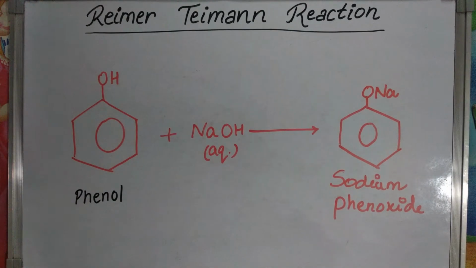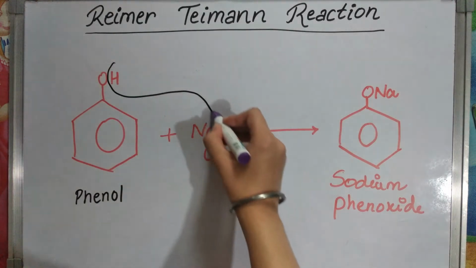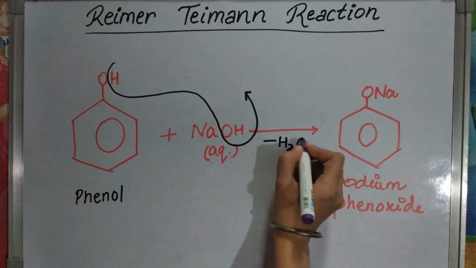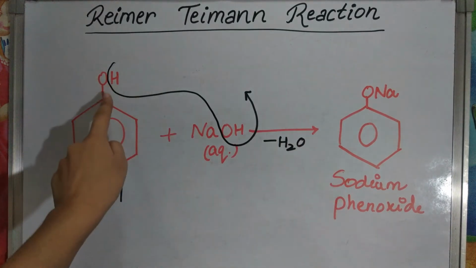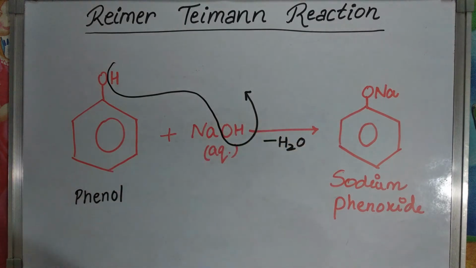Let's see how we got sodium phenoxide from phenol. From here H and from here OH, that is water, is removed and this sodium attaches to this oxygen and we get sodium phenoxide. Now this sodium phenoxide will be used for further reaction.